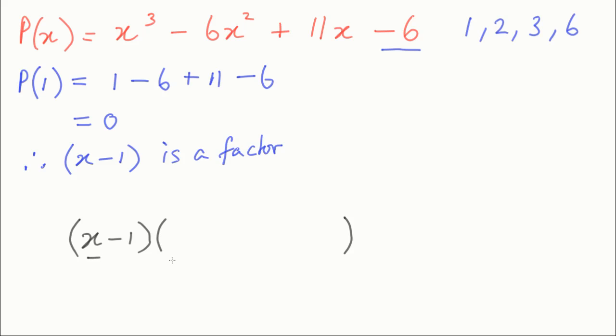So x times what term here will give the x cubed term, and the answer to that is x squared. And minus 1 times what number here will give us minus 6 at the top, and the answer to that is plus 6. And then all you have to do is figure out the middle term here, and it's going to be something x.